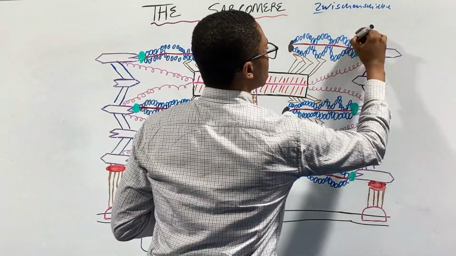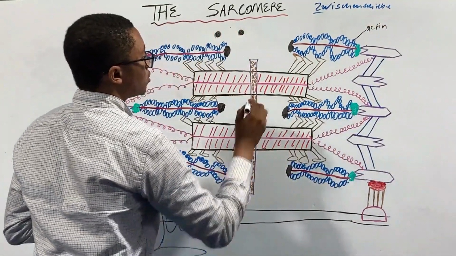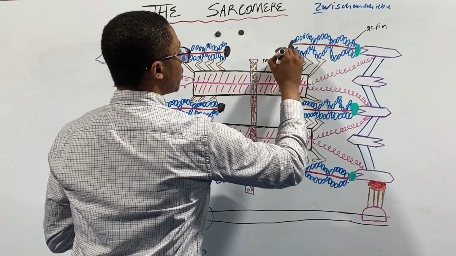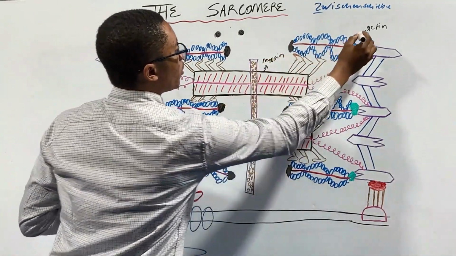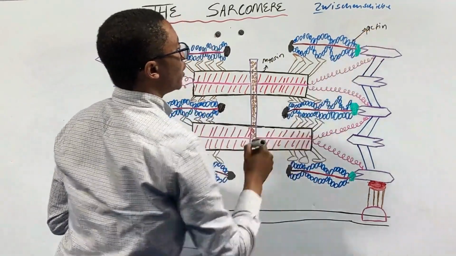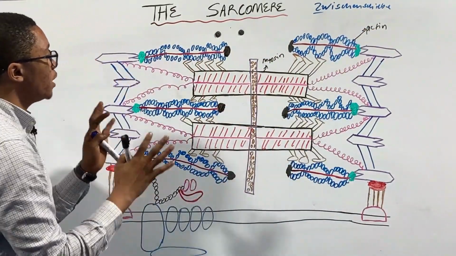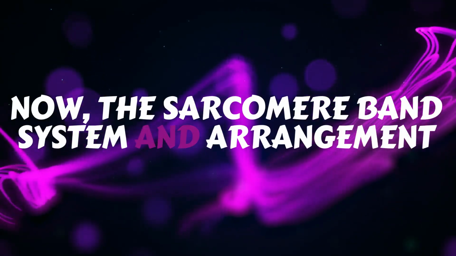So this here is actin, and this is myosin. All right, so we understand it very well. Now let's look at how they are arranged in the muscles.